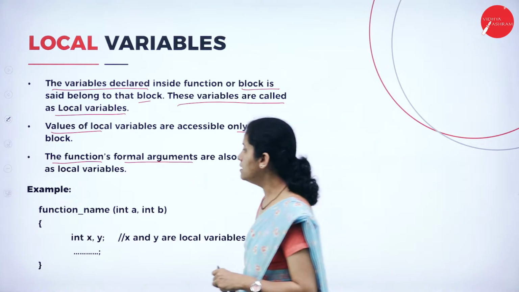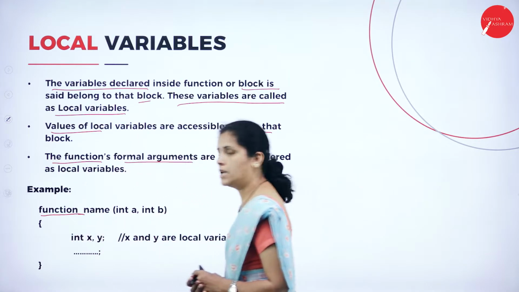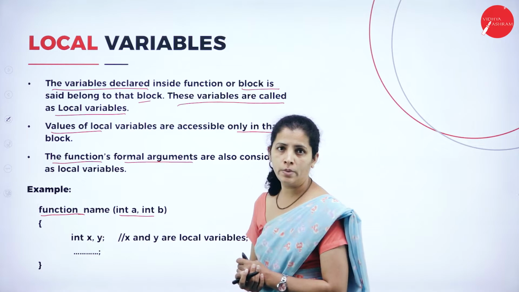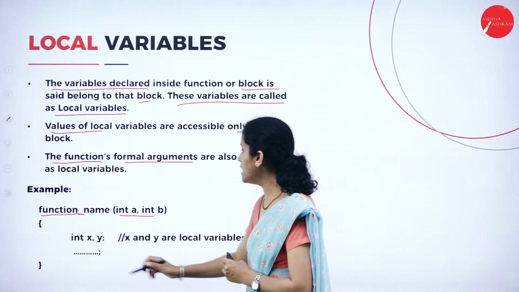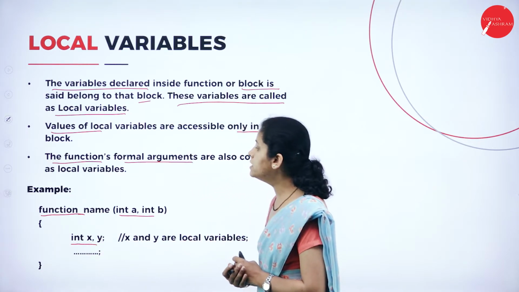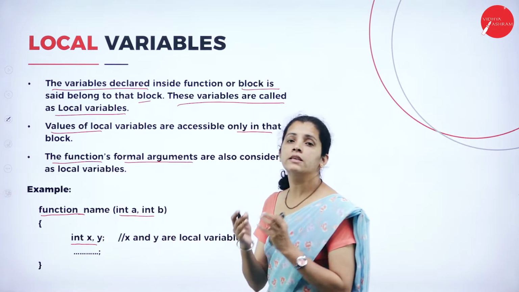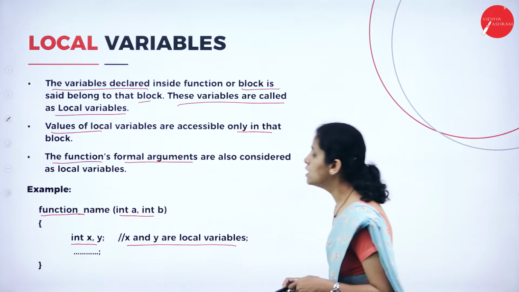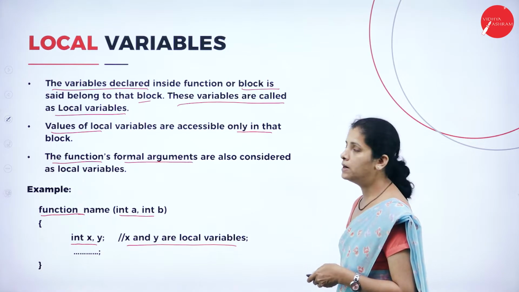For example, this is my function name and I'm going to have the arguments. Along with that, I'm going to have the variables inside the function and they are treated as local variables.